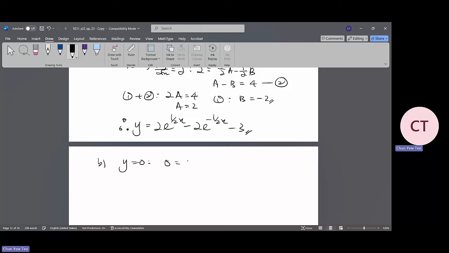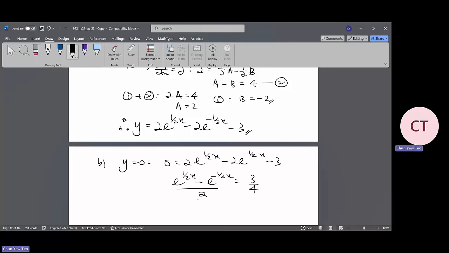So 0 equals 2e^(½x) minus 2e^(−½x) minus 3. So you will get e^(½x) minus e^(−½x) equals 3 over 2. We divide by 2 here, making it divided by 4.